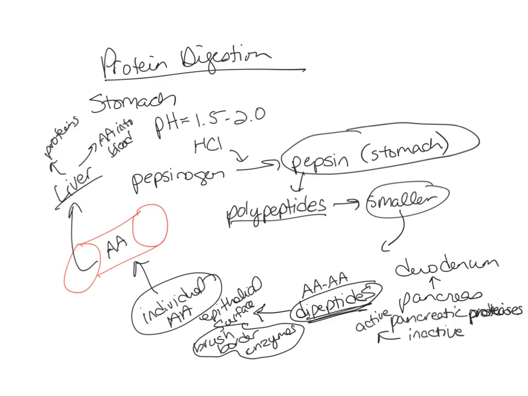Again, those amino acids from the small intestine are delivered to the liver through the hepatic portal vein. If you remember, the hepatic portal vein is the merging of two other veins called the superior mesenteric vein and the inferior mesenteric vein.